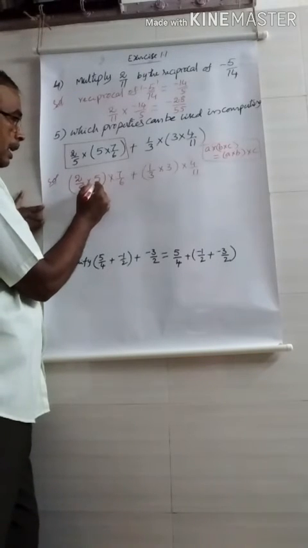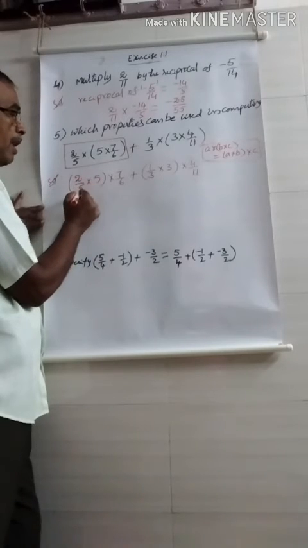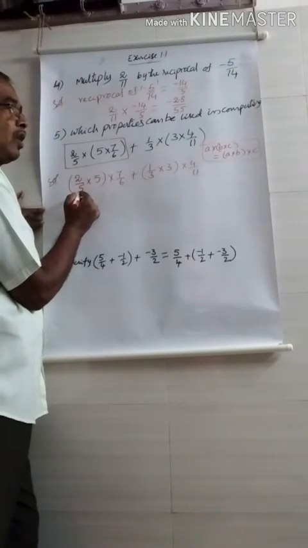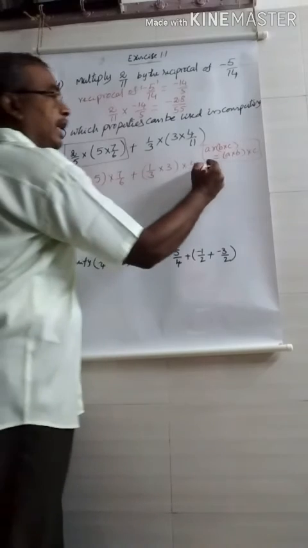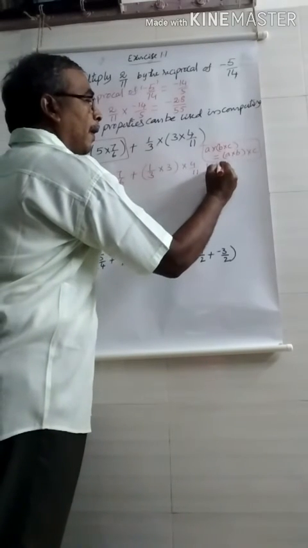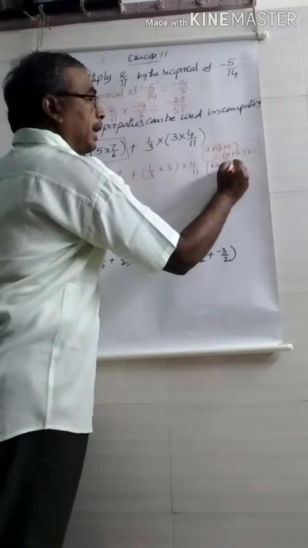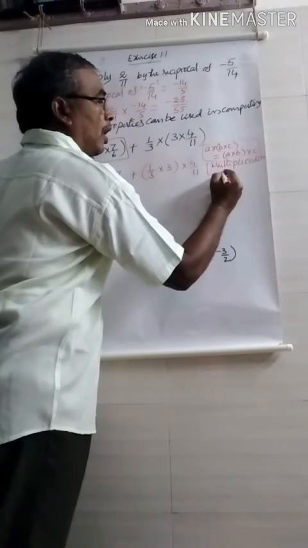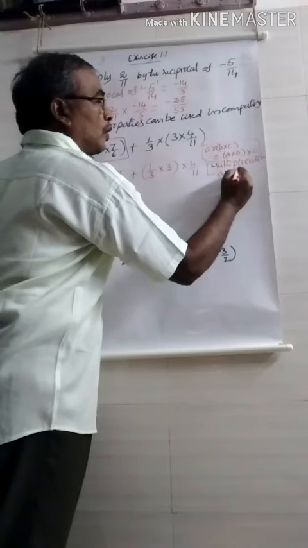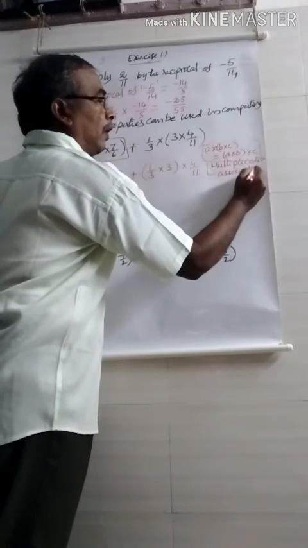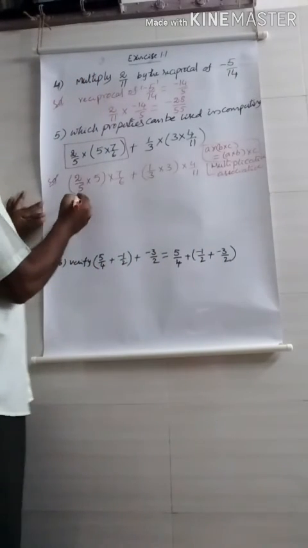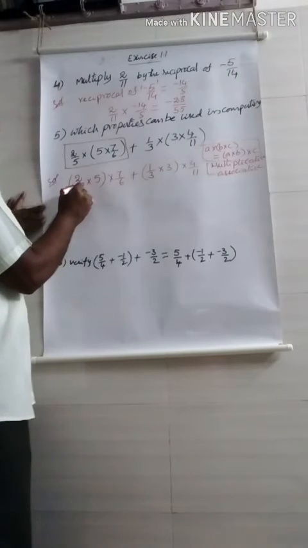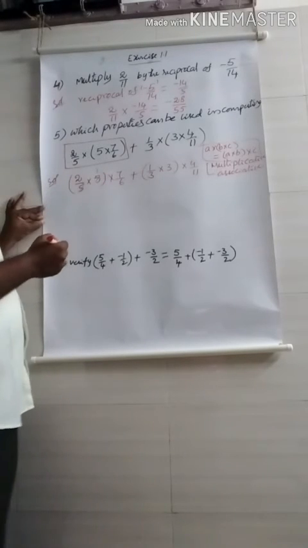This is the reciprocal of 1 by 5. 2 by 5 means 2 into 1 by 5. So, what property do we use here? Multiplicative associative. Then again, 5 ones are 5. Here what property can we use?